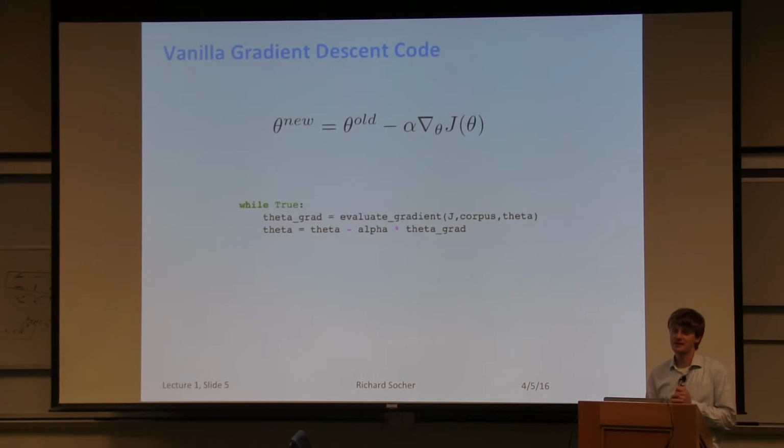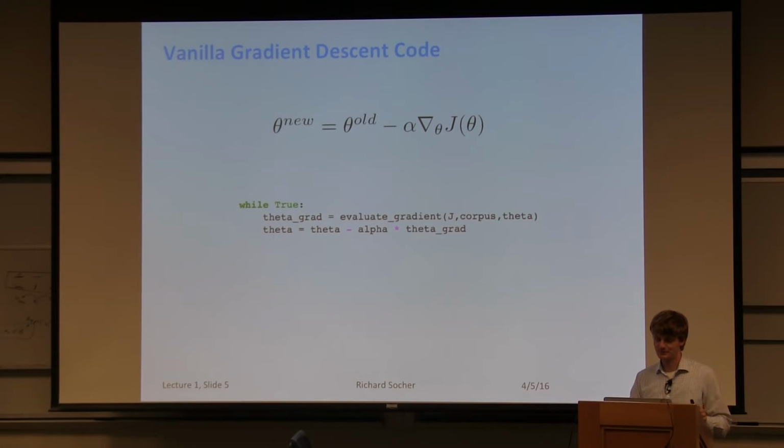All right, so vanilla gradient descent is essentially very simple, both in math and in code. We could just say, while true, we continuously update this whole function. So we have our corpus here, and inside evaluating our gradient, we'll essentially give it our current function J, the entire corpus, and our current set of vectors, or word vectors, theta.